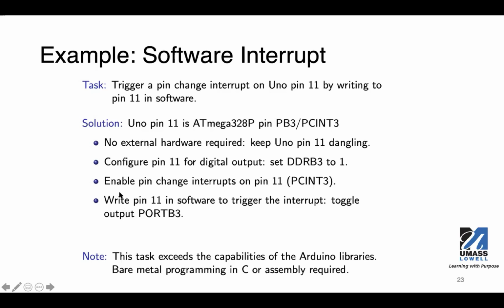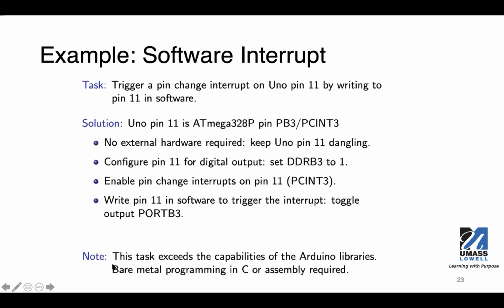But instead of relying on voltage change, we can use software to write to that pin by using the PORTB register output, and we can toggle the value on that pin. Let's say the reset state is 0, and if you write 1, that's a pin change. If you write 1 again, it will not trigger an interrupt. But if you write 0, that's a pin change, so that will trigger an interrupt.